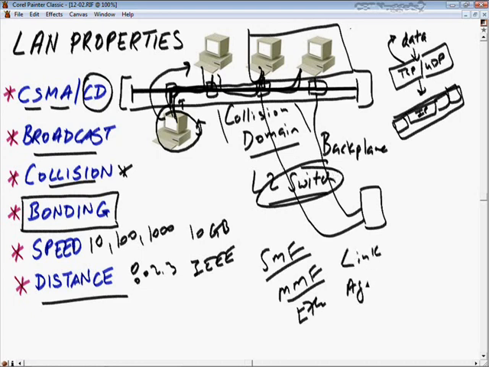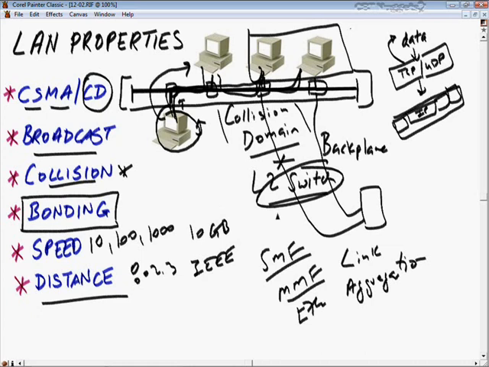So bonding or link aggregation basically says this: we can combine two network interfaces and bond them together, and we can either increase the redundancy, so if one of these goes down, the other one's available, but we can also bond them together and get twice the actual bandwidth that we would normally get if we were just using a single cable or a single wire.